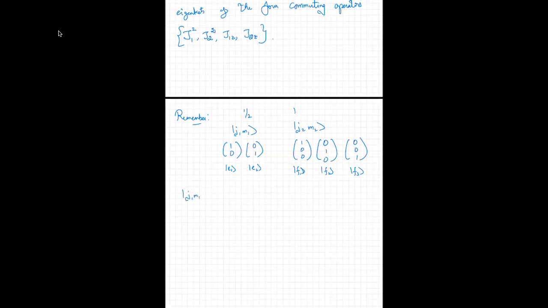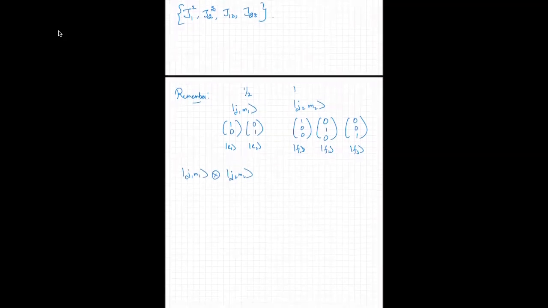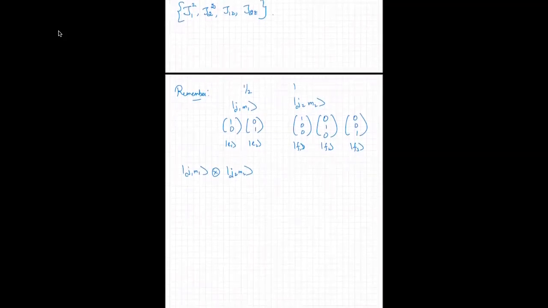When I say J1, M1 direct product J2, M2, I mean the 6 basis vectors that are gotten by the direct product of these two. Let me take, for example, this and direct product of this with this. So (1, 0) with (1, 0, 0). This is a 6-dimensional column vector.